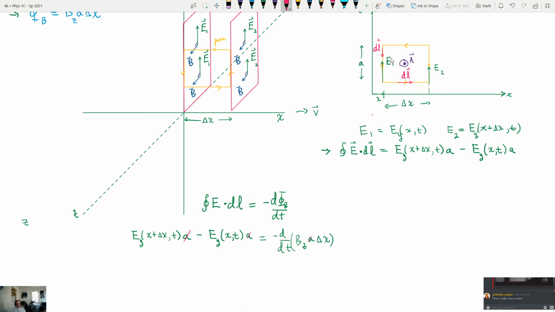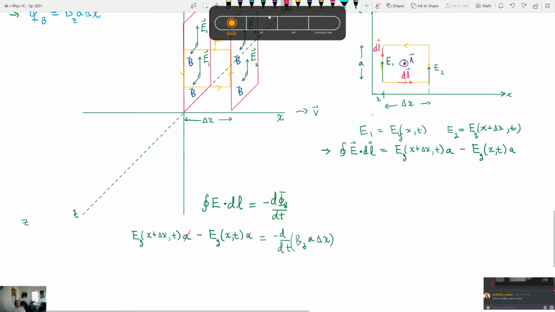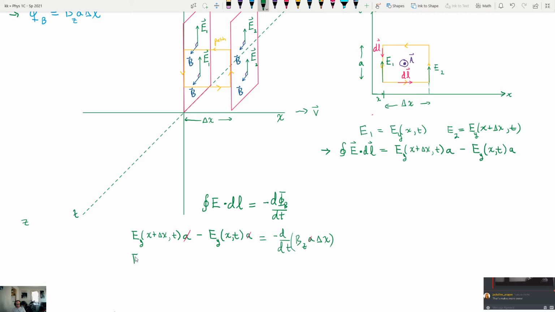Delta x was just the distance between these two points, so it's not going to vary with respect to time. So we're going to pull delta x out of here. It's a variable that represents how big we make our path. So I'm going to divide delta x to the left-hand side over here. So what we're going to get is EY of x plus delta x comma t minus EY of x and t.